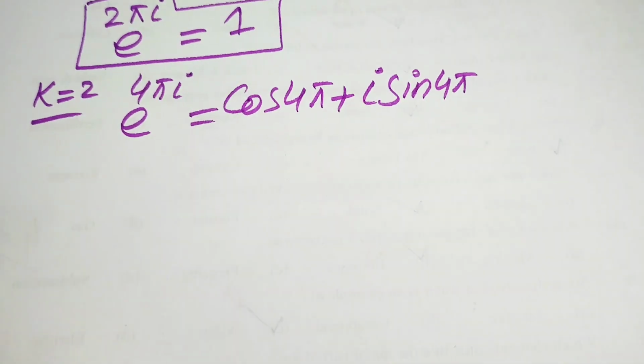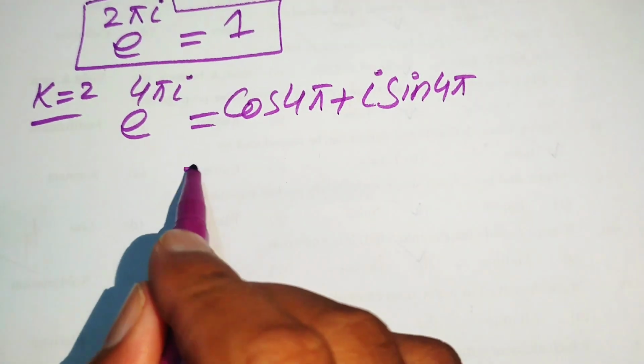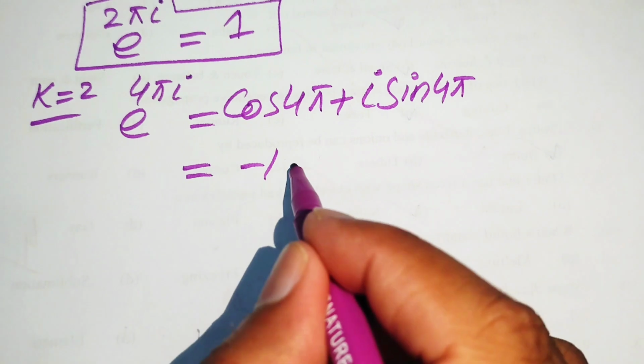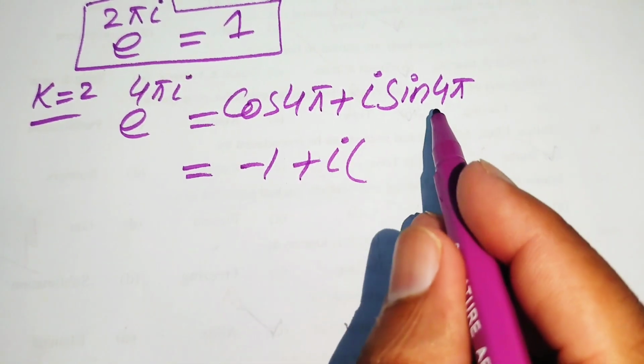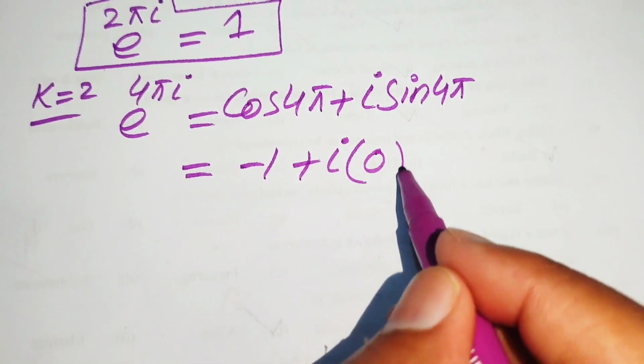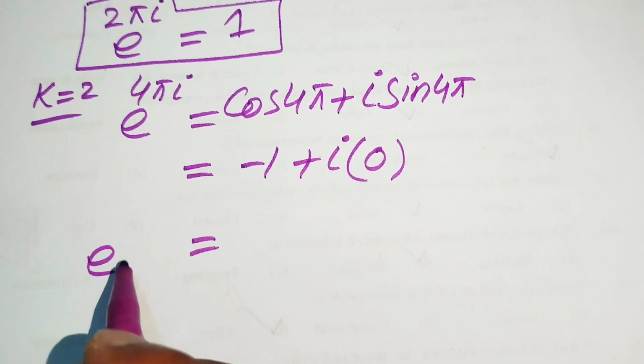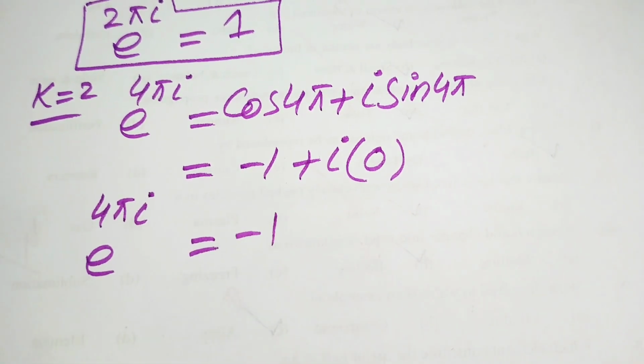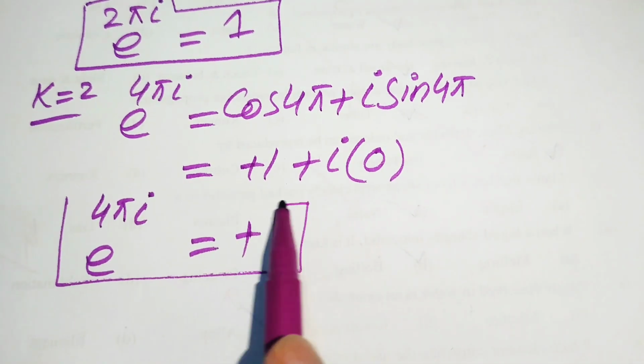And now in the next step, we see this is also cos of an even multiple of pi, it is equal to 1, plus iota times sine of an even multiple of pi, which is equal to 0. So here e to the power of 4 pi iota is also equal to plus 1.